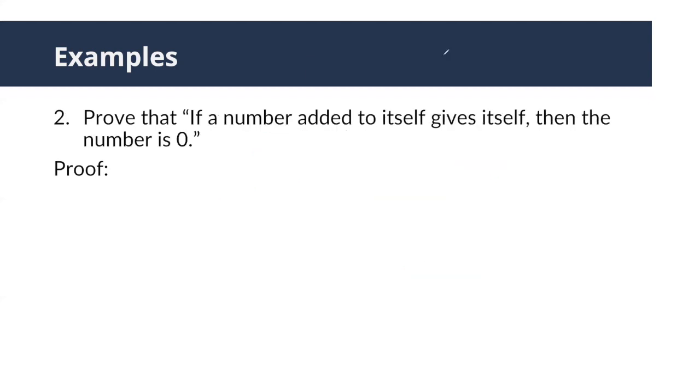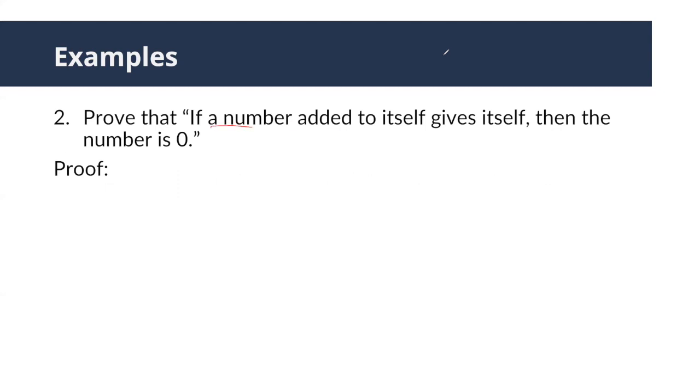Second example: if a number added to itself gives itself, then the number must be 0. Of course, again, there are other ways to prove this theorem. But now I want to show you how to prove this using proof by contradiction.